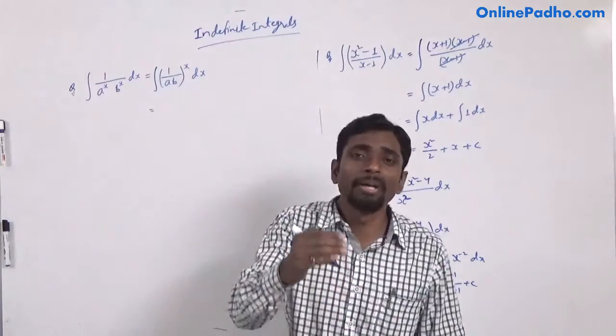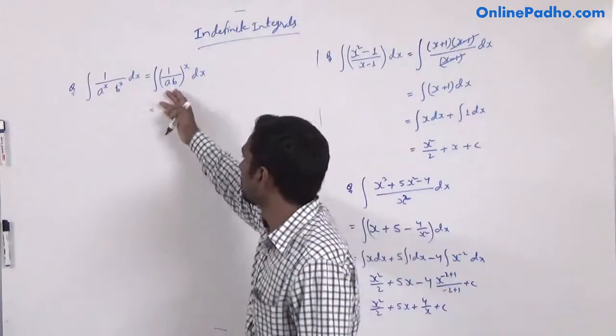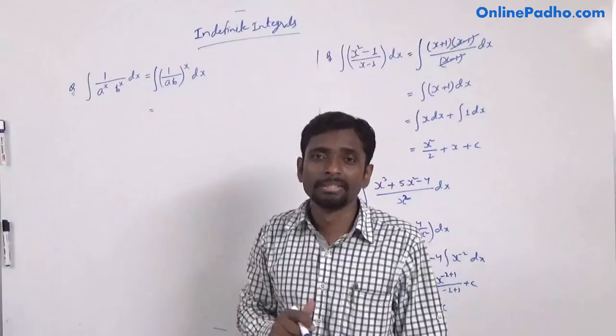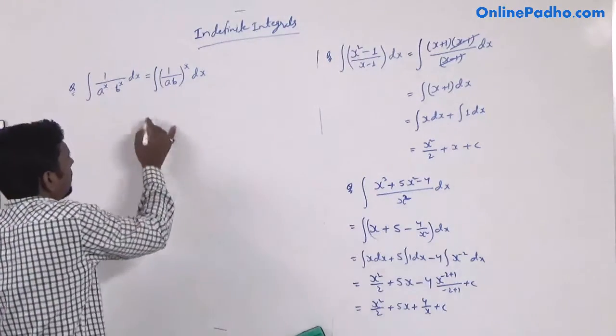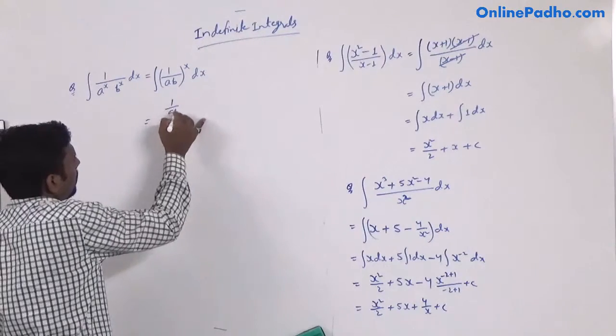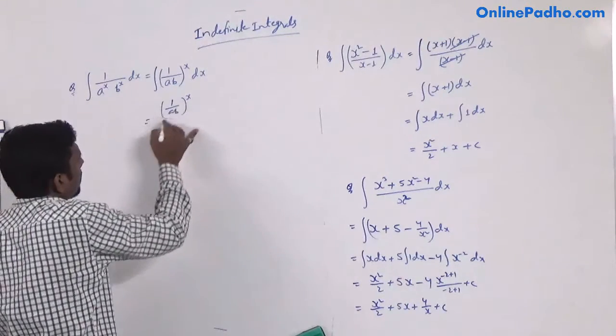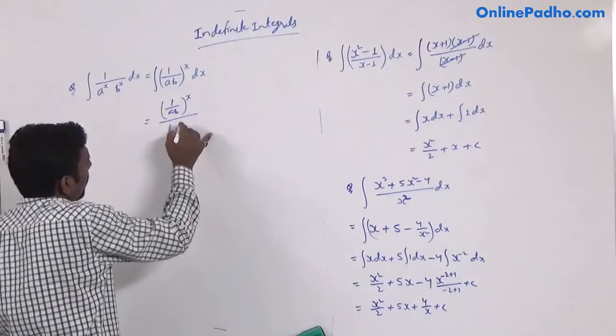Now you know the formula for a to the power x, where a is any constant, and 1 by ab is a constant here. So the integration of 1 by ab to the power x can be written as 1 by ab to the power x divided by log 1 by ab.